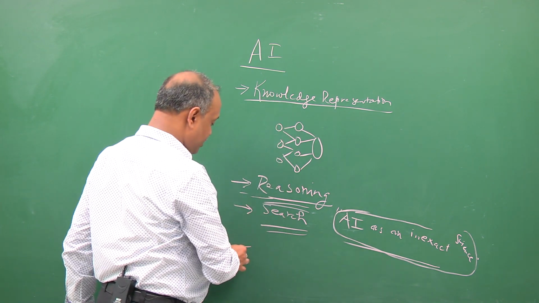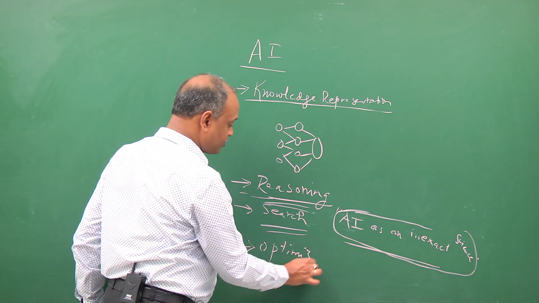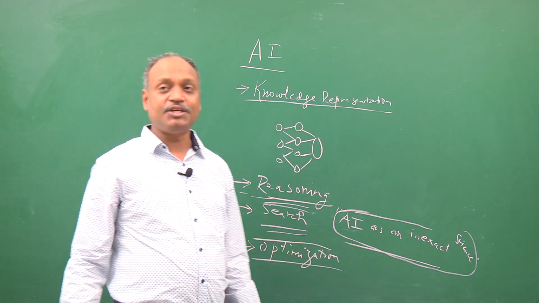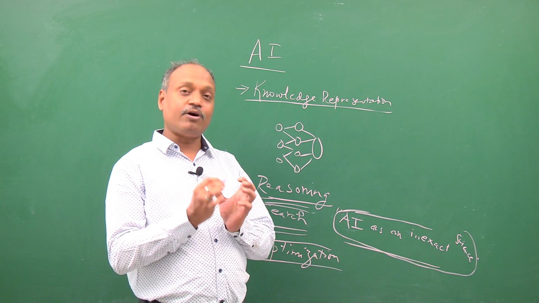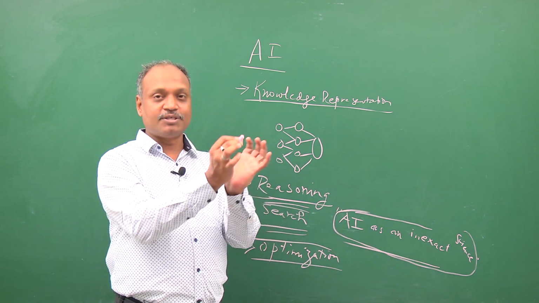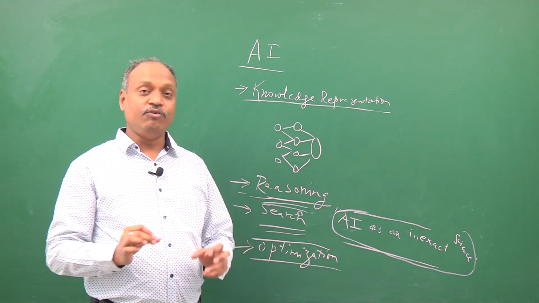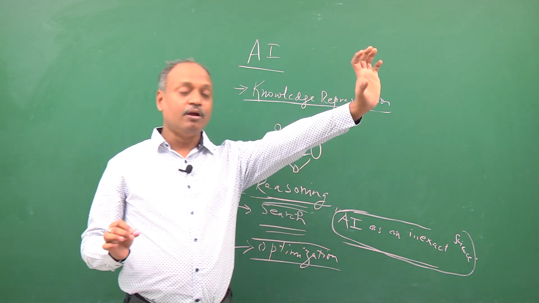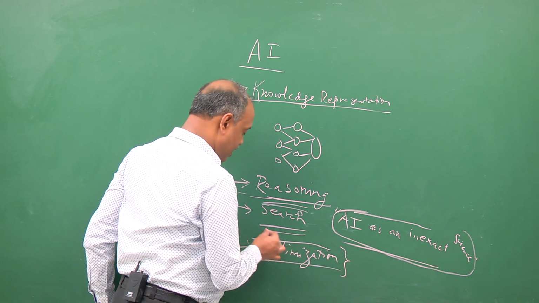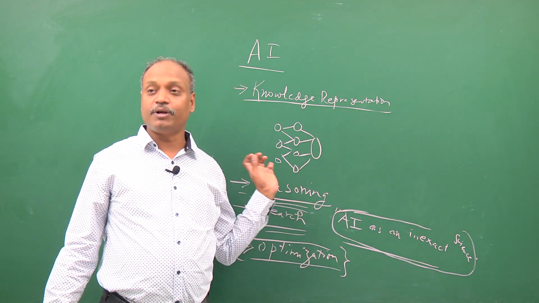Next, corresponding to search, comes an approach known as optimization. Optimization is important from the perspective of search in the sense that when you want to come up with the final solution for your target business problem, you have to look at the candidate solution which you're going to output for the AI program to be deployed, and that is where you have to select the best possible solution among the many possible solutions which you obtain through search.